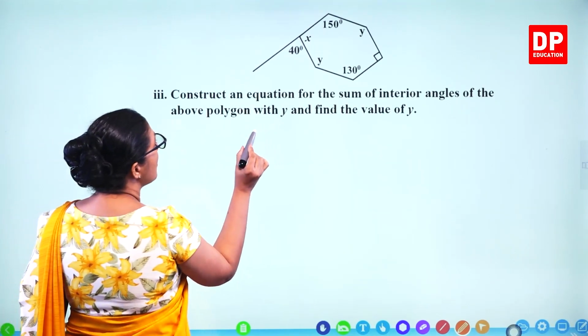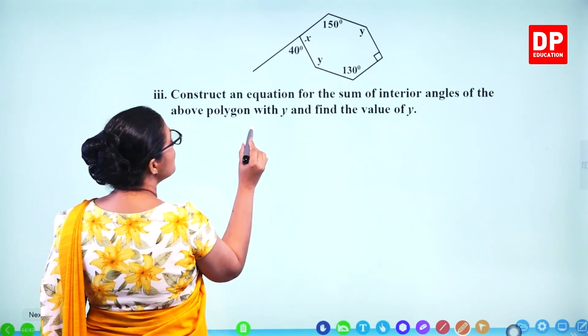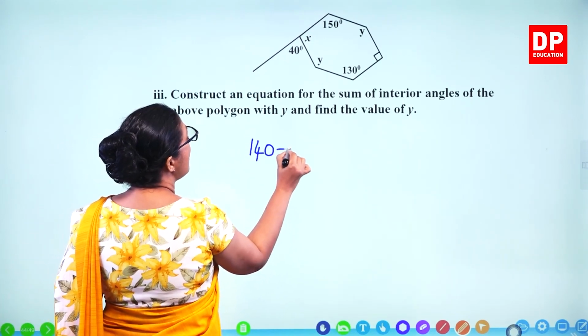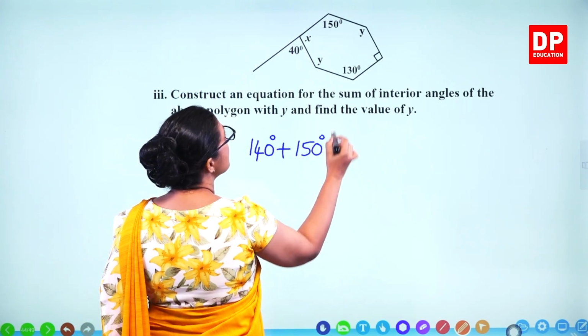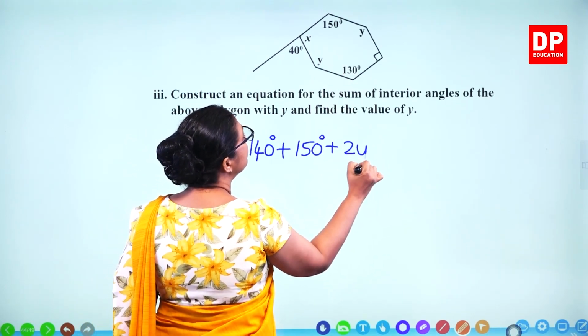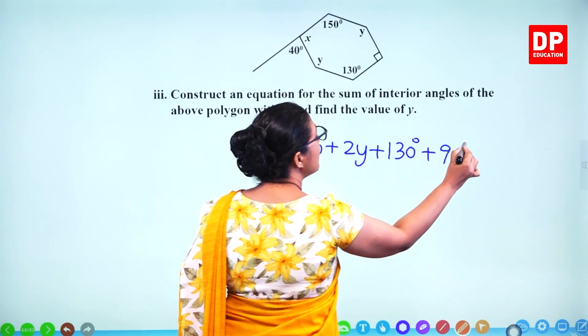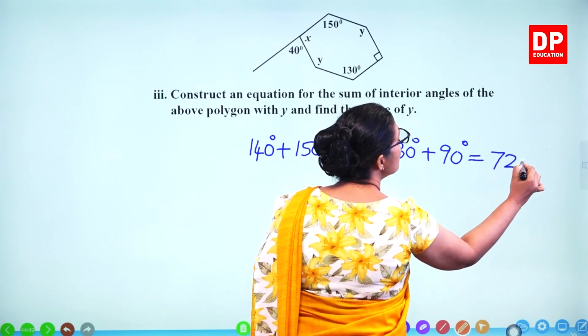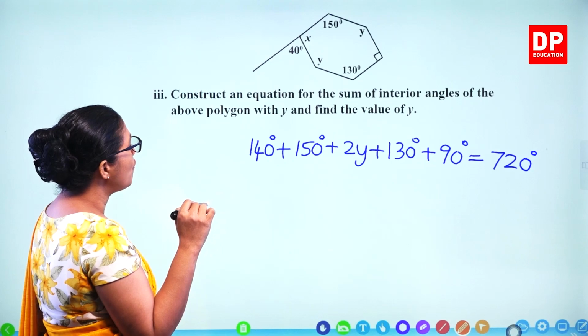So we can construct the equation. The sum of all angles is 720. So x we found 140. 140 plus 150 plus 2y plus 130 and 90, all equal to 720. Now you can find the value of y.